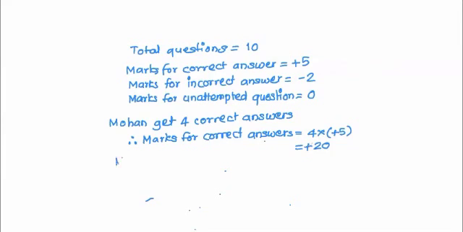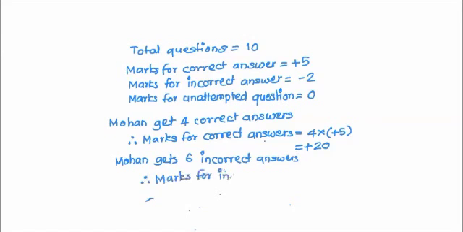Now next one, it tells us Mohan gets 6 incorrect answers. So therefore, marks for incorrect answers are equal to 6 multiplied by minus 2, because we get minus 2 marks for each incorrect answer.